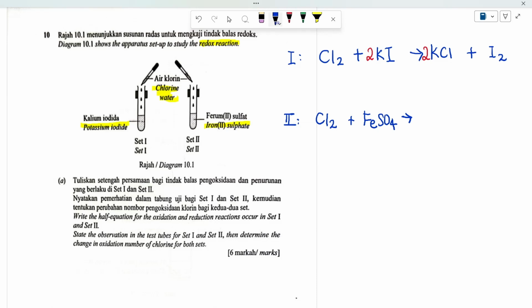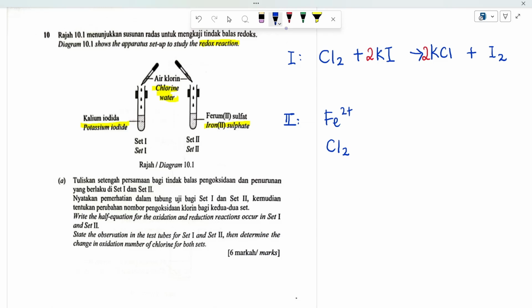What the question will ask you to do is write the oxidation and reduction half-equations. That one will be easier. So we roughly change it like this. First we focus on iron(II). Another one is the chlorine.